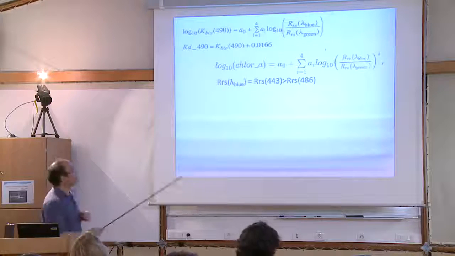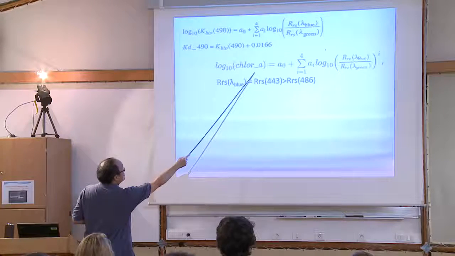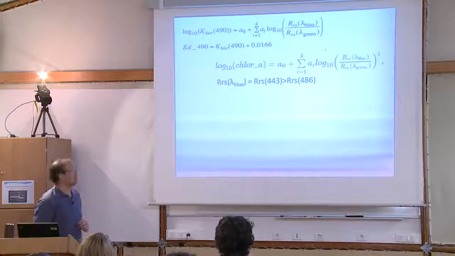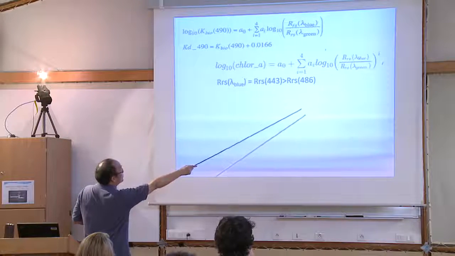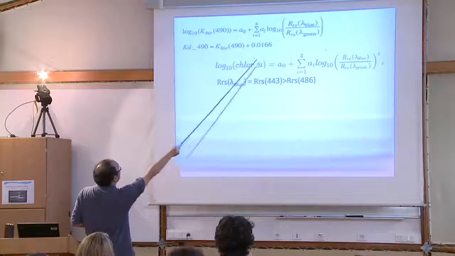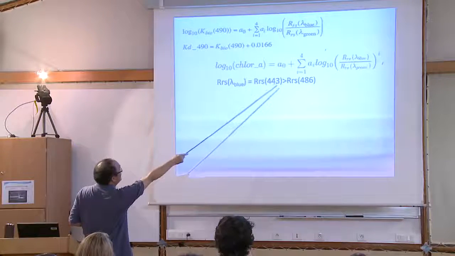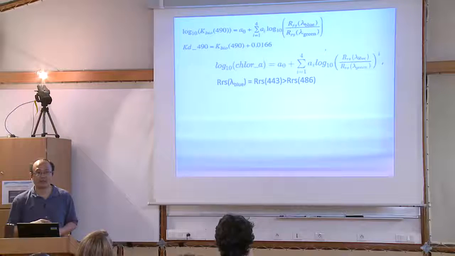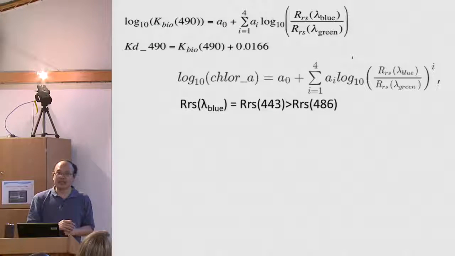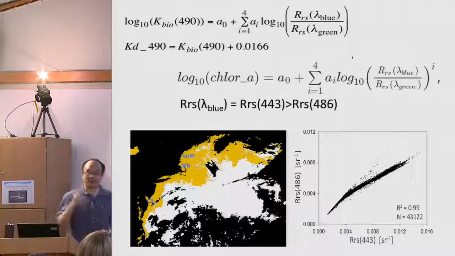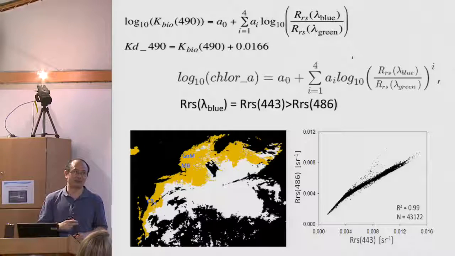At the same time, the standard product for chlorophyll A by NASA uses the same ratio. Basically, it's a blue to green ratio, but blue is basically a peak between 443 and 486. For the KD 490, that's 486 divided by 555. Green is 555. So what this says, for coastal waters, we are using the same ratio deriving two products.